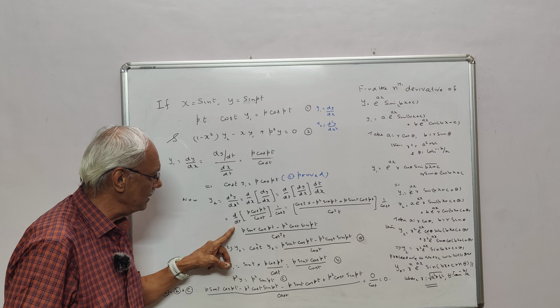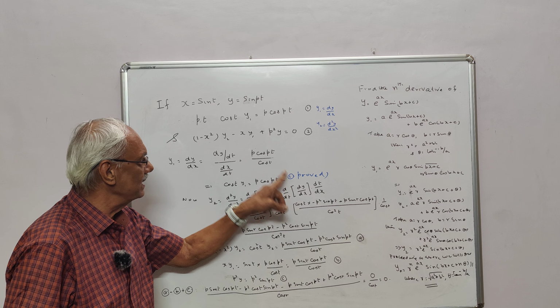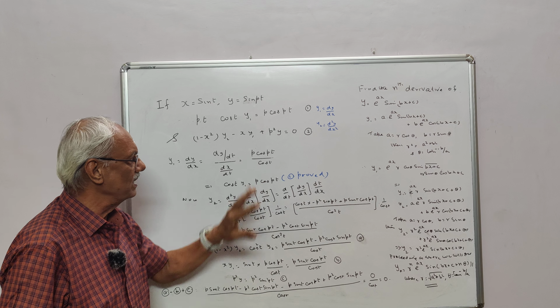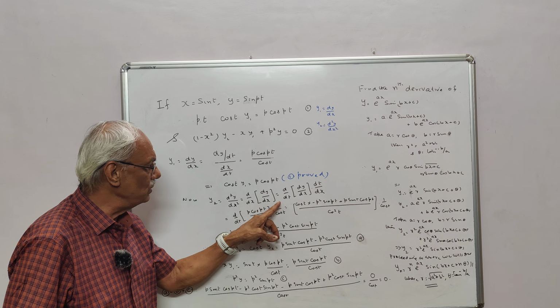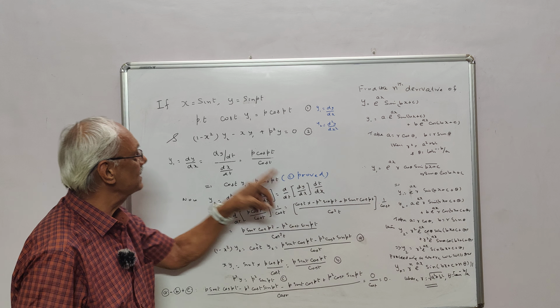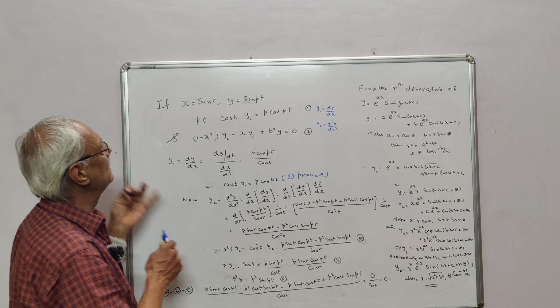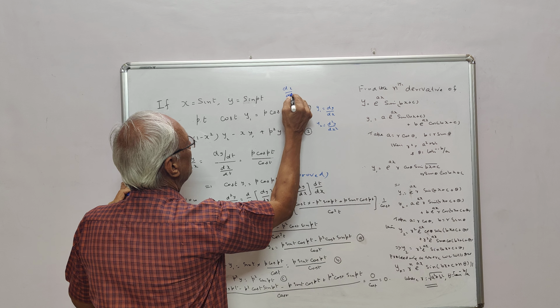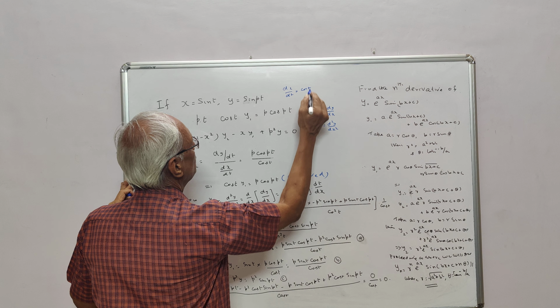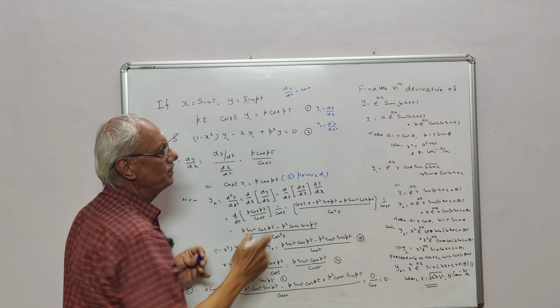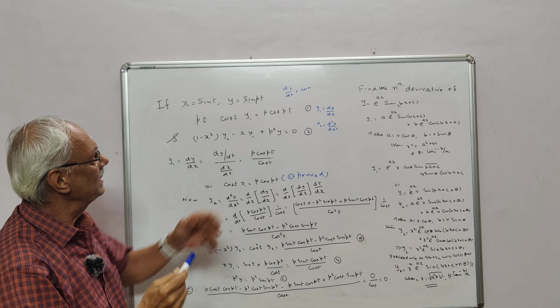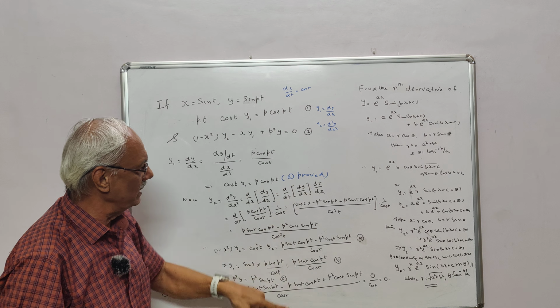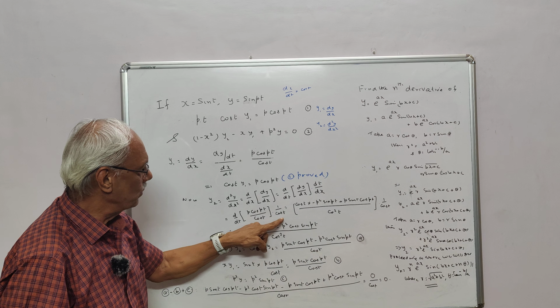So d by dt of this dy by dx is nothing but p cos pt divided by cos t, into what is dt by dx? See here, dx by dt is cos t. Therefore dt by dx will be 1 by cos t. Therefore I write it as 1 by cos t.